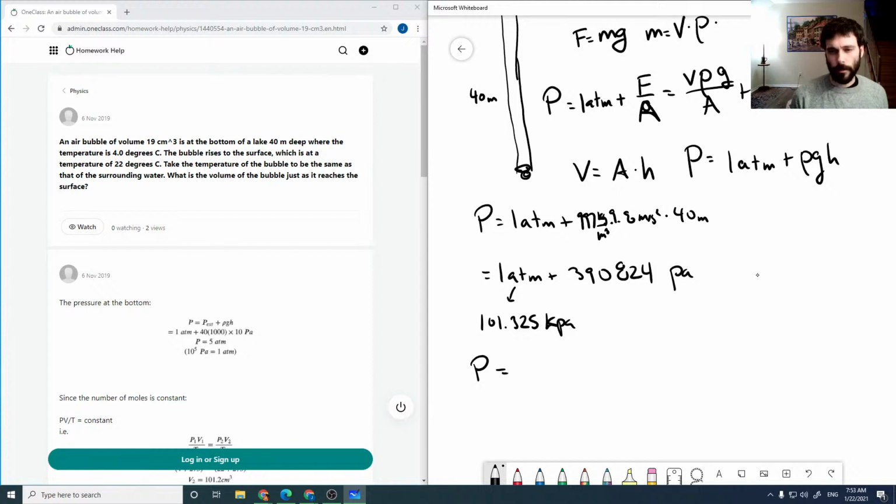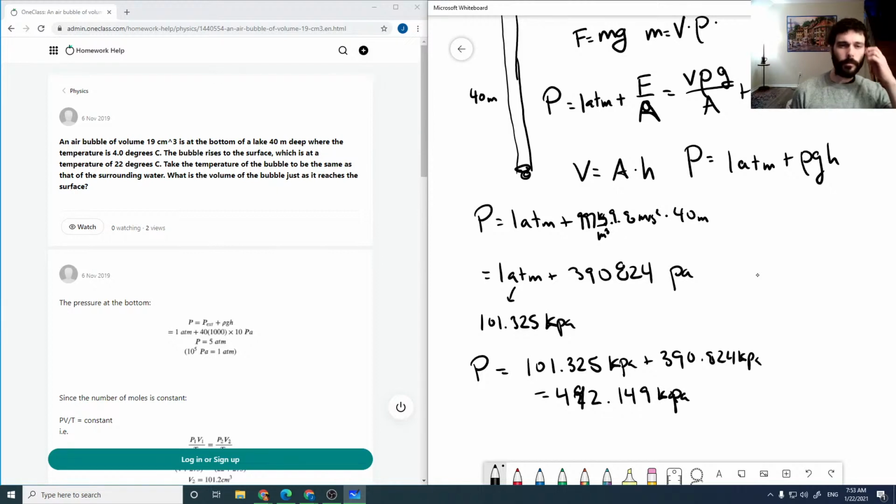So my pressure is 101.325 kilopascals plus 390.824 kilopascals, which is 492.149 kilopascals. There we go.